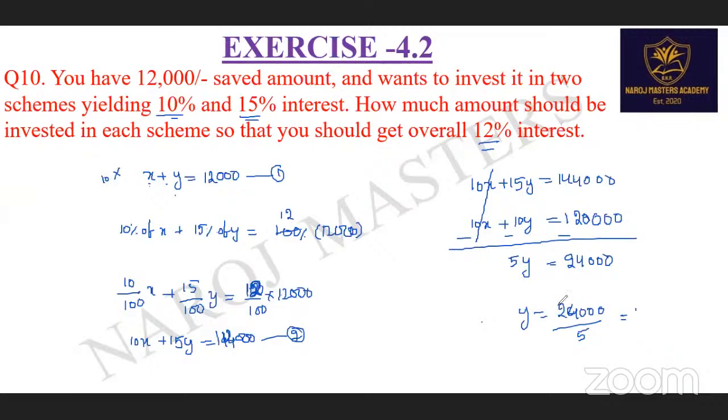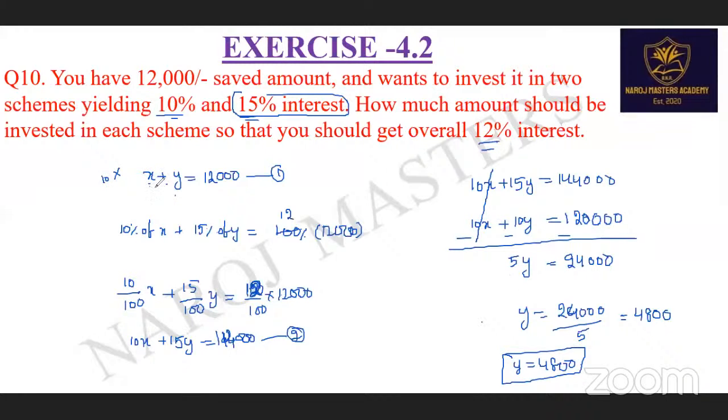So 5 4s are 20 and 40. 5 8s are 40 and 2 zeros. 4,800. This is y is equal to 4,800. This is the amount invested in the 15% scheme.